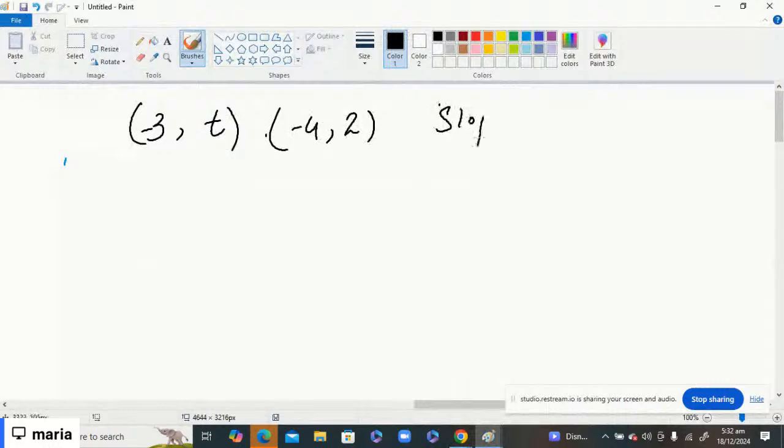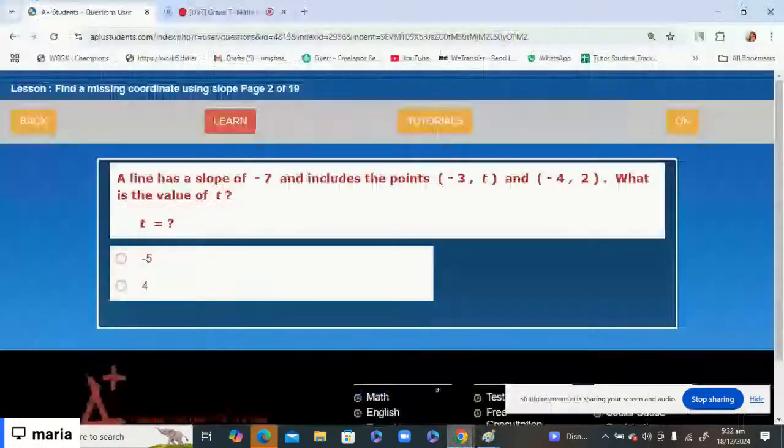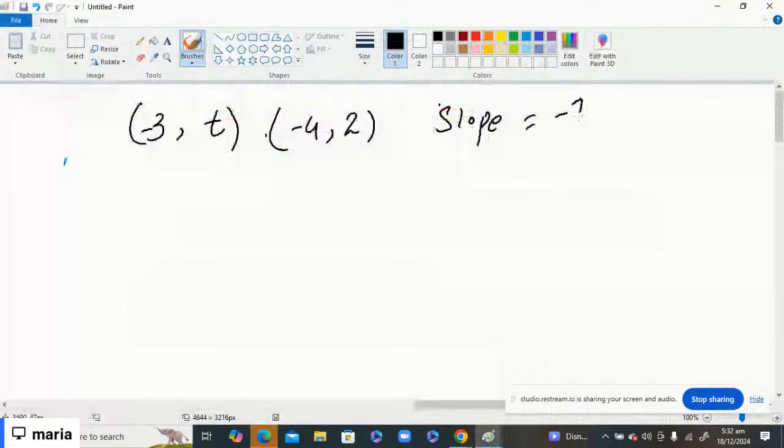And the slope is given, that is -7. x1, y1, x2, y2.